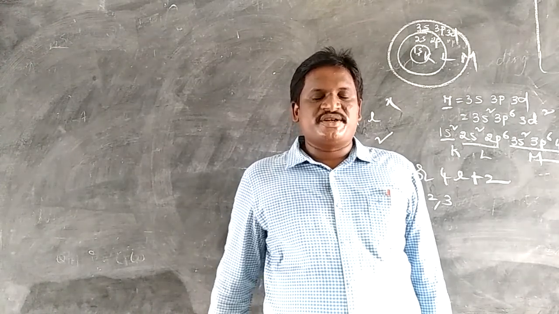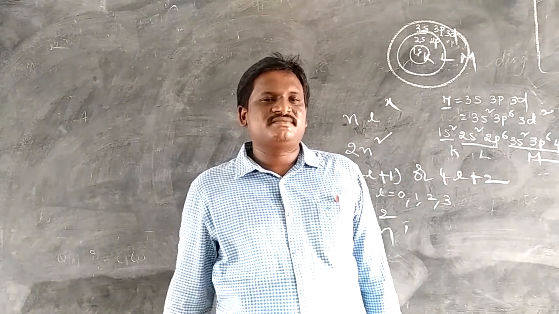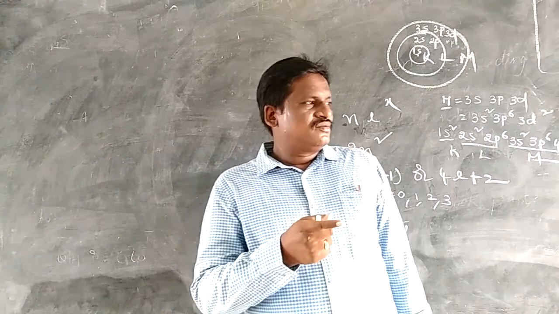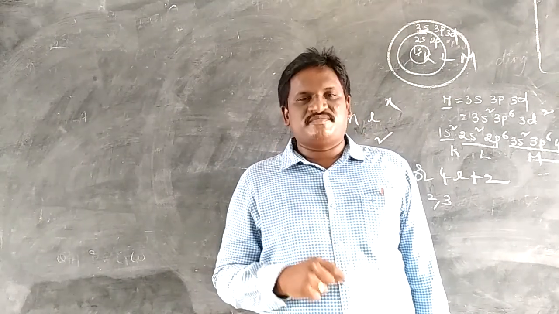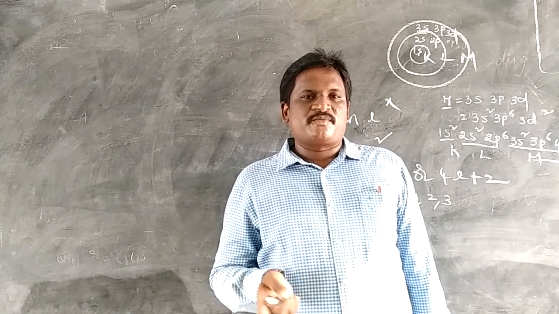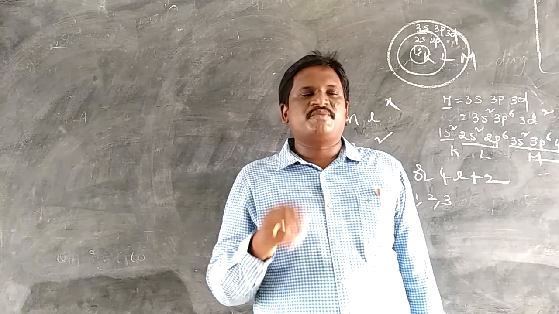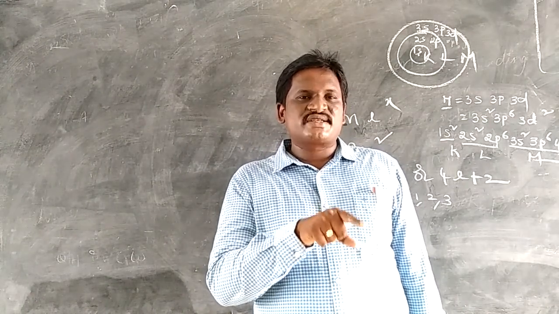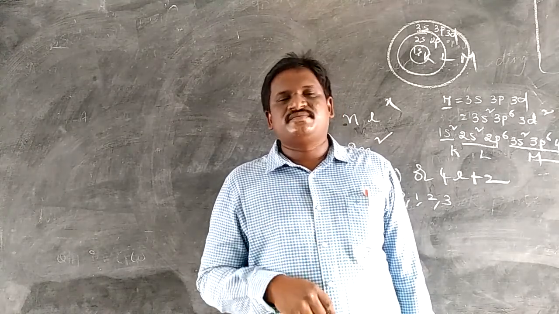Orbital, first point. The region of space where the probability of finding an electron is maximum is called orbital. Orbits or shells are designated by K, L, M, N and so on.